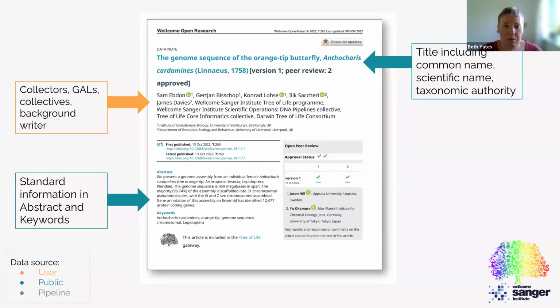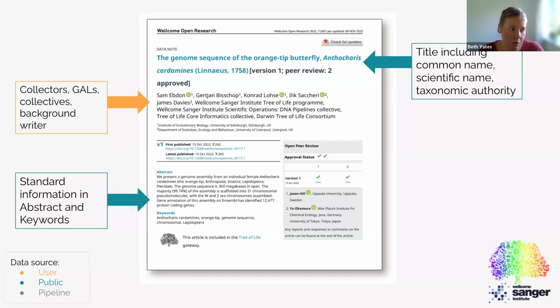So I think you can see here, the genome note starts with a title, which basically just gives you the common name and genus and species of the assembly. Then we have the collectors, what we call the GAL, the Genome Acquisition Lab. They are a set of groups that we work with, and they provide the genome samples to us.